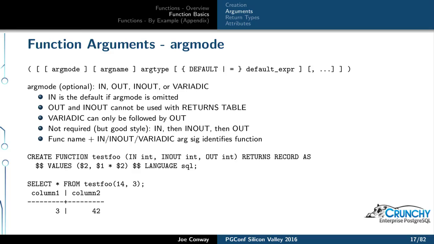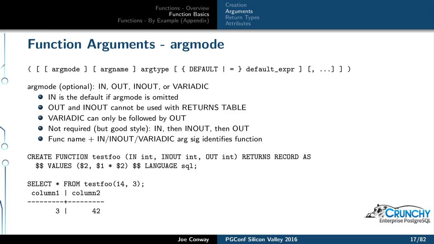If you use variadic, it can only be followed by out arguments. The reason for that goes back to what I was alluding to a minute ago, which is the so-called function signature. The in arguments plus the function name define which function is going to get called. With variadic, you're saying that I don't know how many arguments are actually going to get passed.